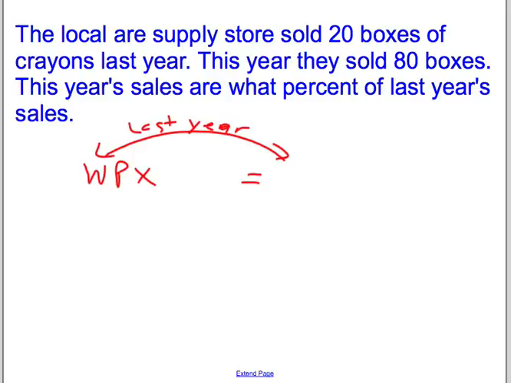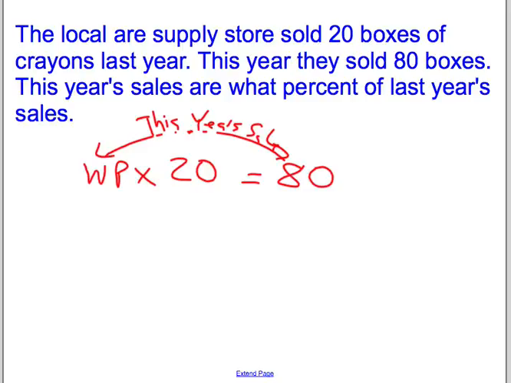Which event happens first in time? 20. Last year happened first, and this year happened second. This year's sales are what percent? So we want to know this year's sales.